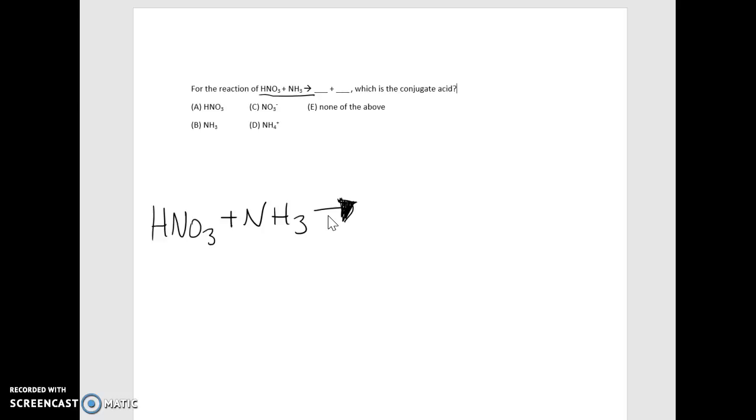So according to the Bronsted-Lowry theory, HNO3 is going to be our acid because it's going to be the proton donor, and NH3 is going to be our base because it's going to be the proton acceptor.